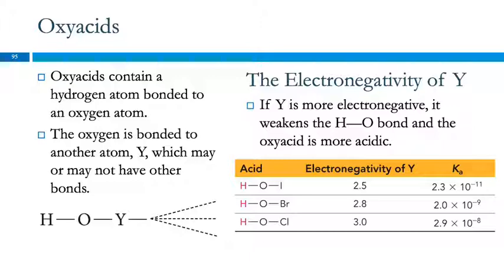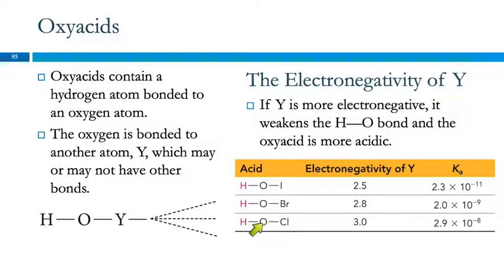Well, you have to look at oxyacids and binary acids separately. Because with the binary acid, that element you're looking at in terms of different electronegativities is bonded directly to the hydrogen. And here the element that's different is not bonded directly to the hydrogen, it's bonded to the oxygen. And so the effect is, in a way, opposite. So the Cl is very electronegative compared to the iodine.